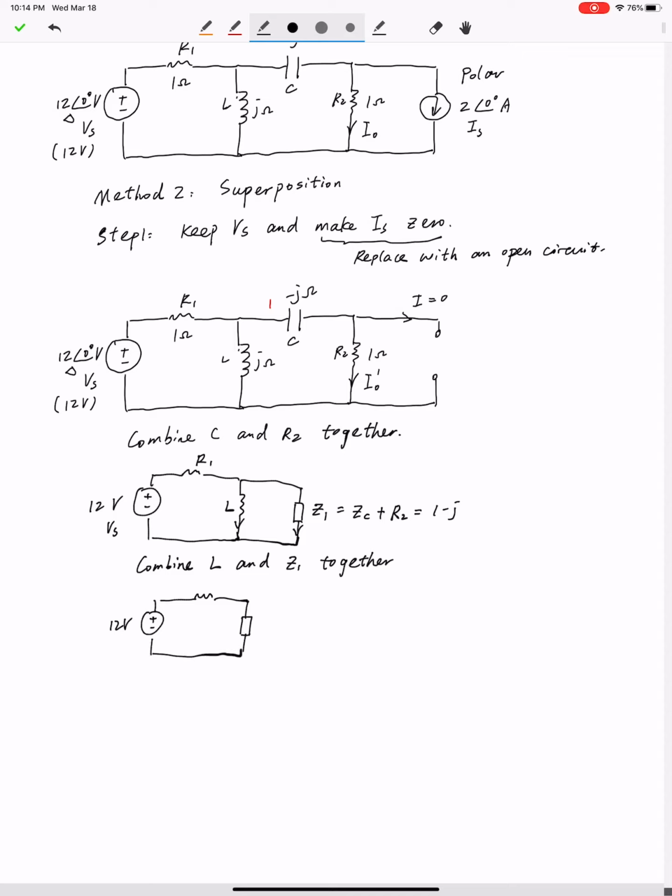And let's name the impedance after the combination as Z2. That should be ZL in parallel with Z1, and that equals j times 1 minus j over j plus 1 minus j, which equals j plus 1, right? Or 1 plus j.